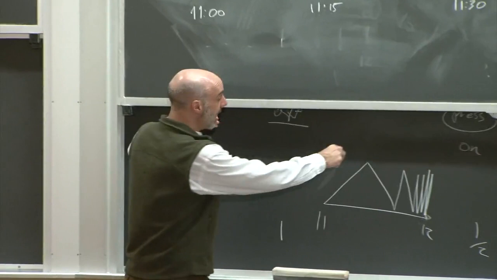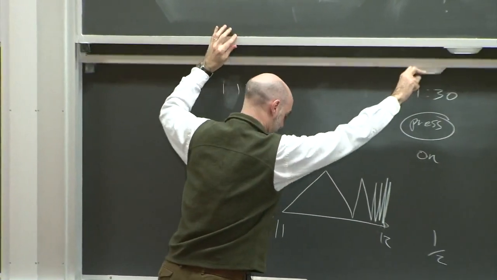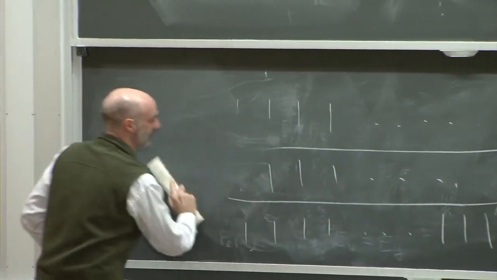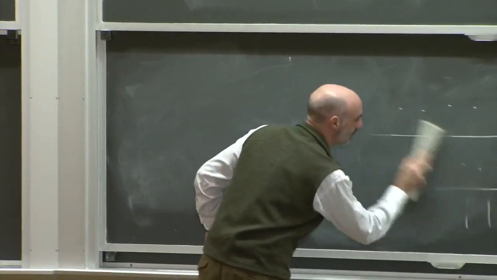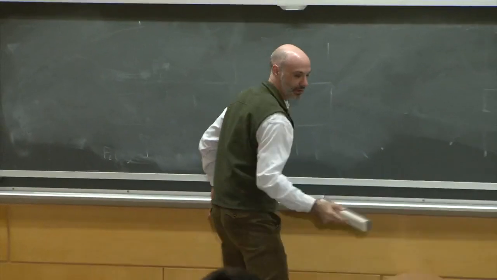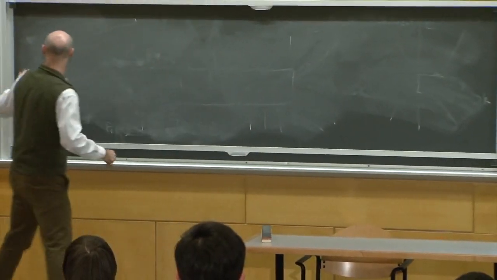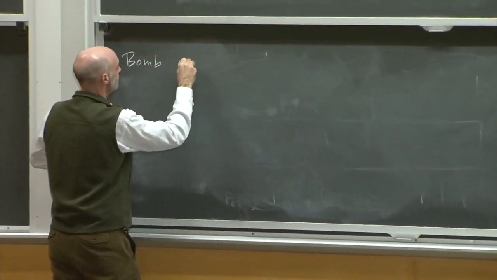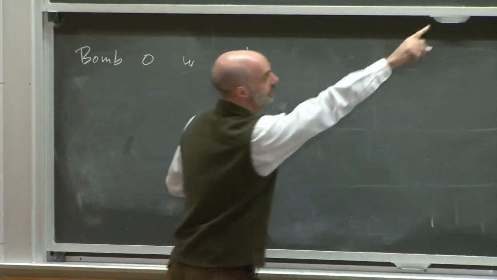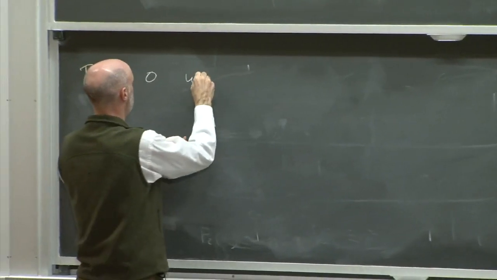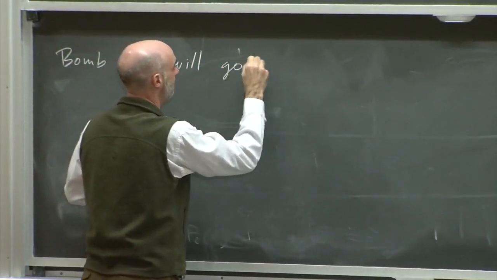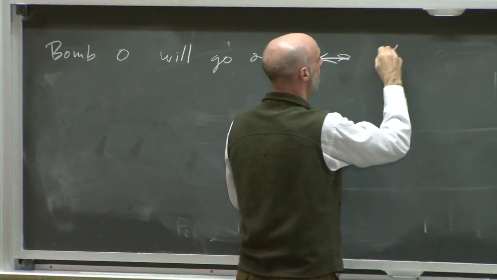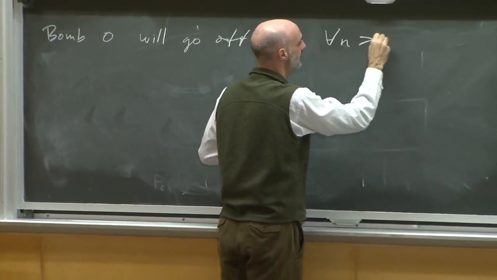So the situation we have is this. We know that bomb 0, and that's 0, 1, 2, and so forth, will go off if and only if for all n greater than 0 no bomb n goes off.